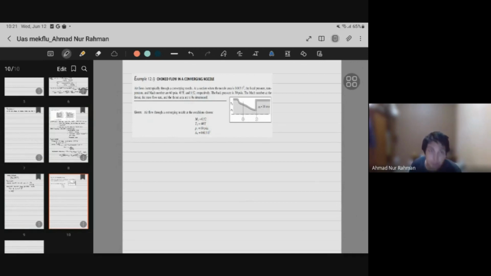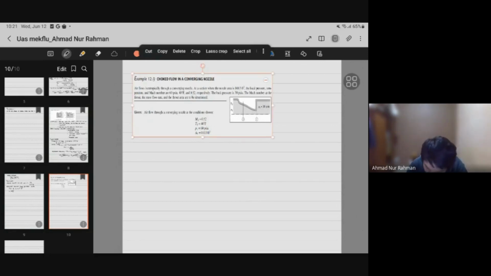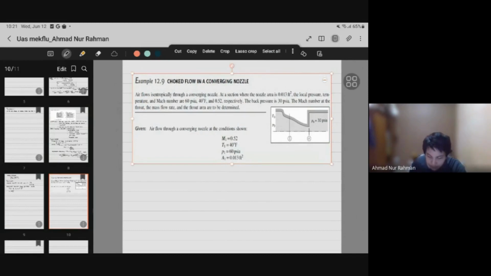The local pressure, temperature, and Mach number are 60 psi, 40 Fahrenheit, and 0.52 respectively. The back pressure is 30 psi. The Mach number at the throat, the mass flow rate, and the throat area are to be determined.